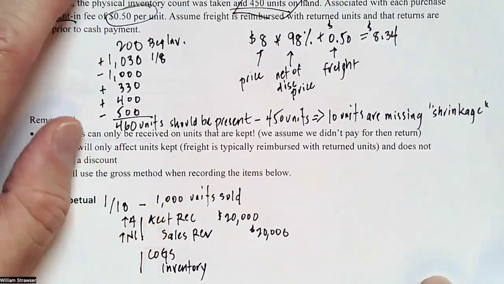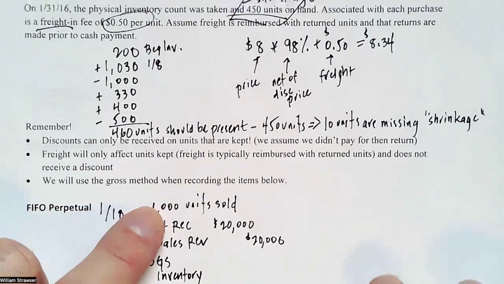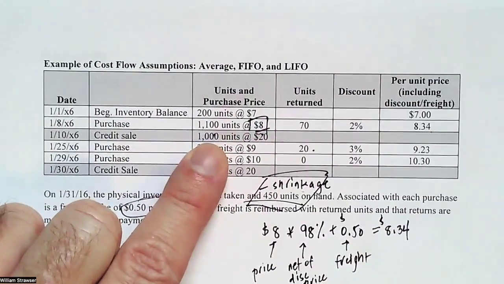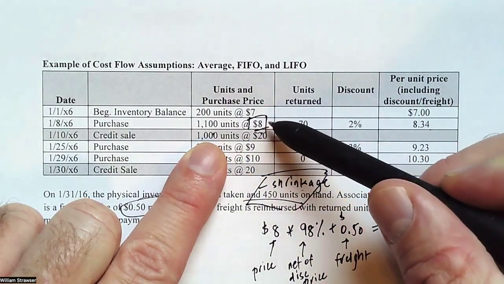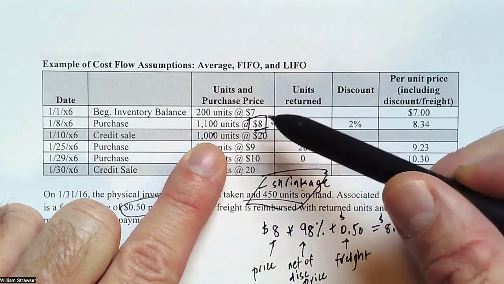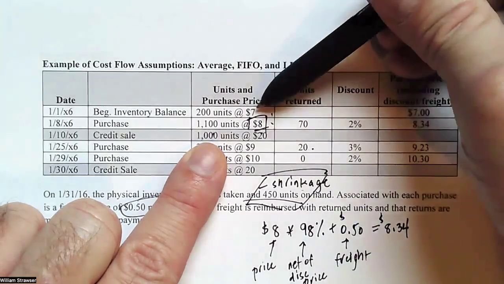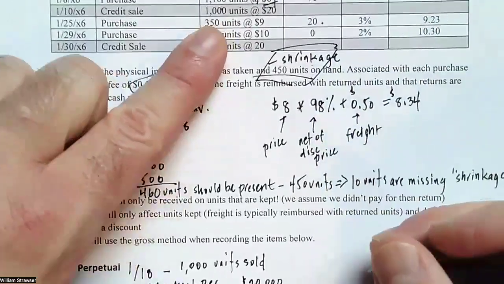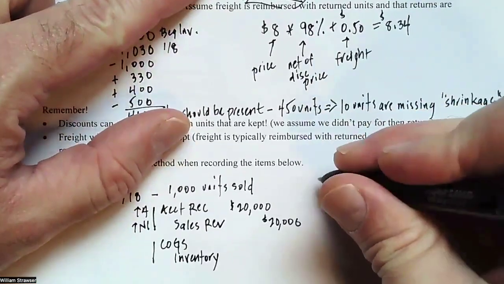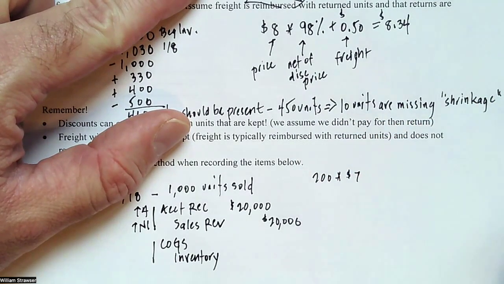So in order to calculate that, I think I've sold 1,000 units. Which units did I sell? Well, if I'm stopping here at the sale, there's only two options. I either sold the 1/8 purchase first or the beginning inventory first. Which one? Well, because I'm using FIFO, I assume that I sold the oldest first. That's what I started with. So 200 of those 1,000 are going to be at $7 each.